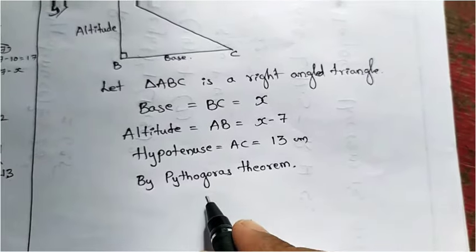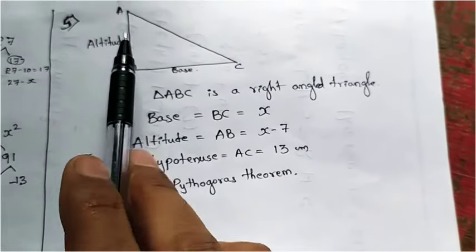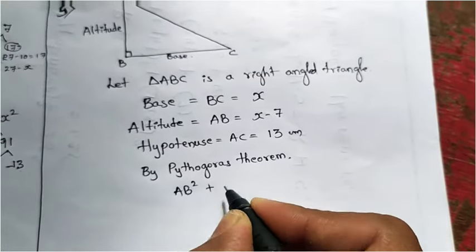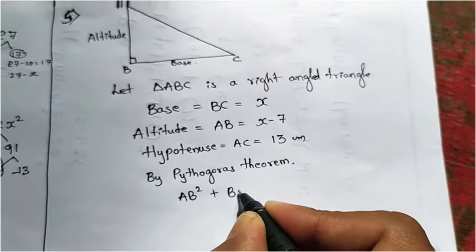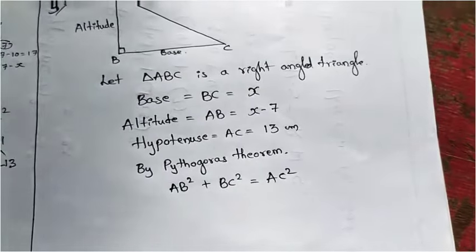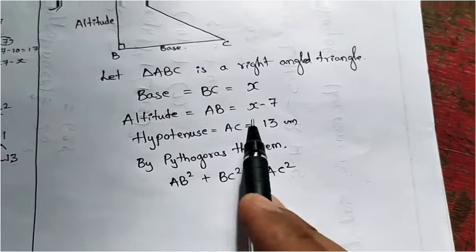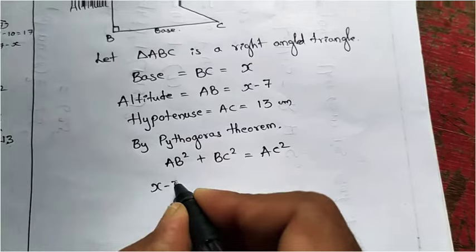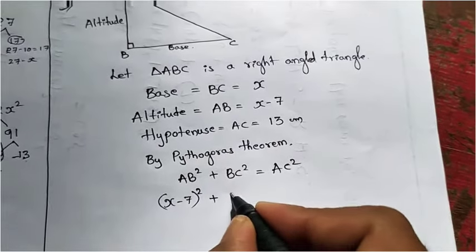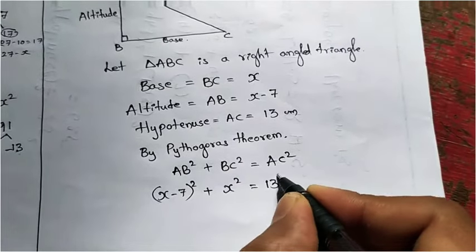Okay, so applying Pythagoras theorem, we get the sum of squares of the two sides, AB square plus BC square gives us AC square, which is equal to the square of the hypotenuse. So AB square, what is AB? x minus 7 whole square, plus BC is x square, equal to AC square, which is 13 square.